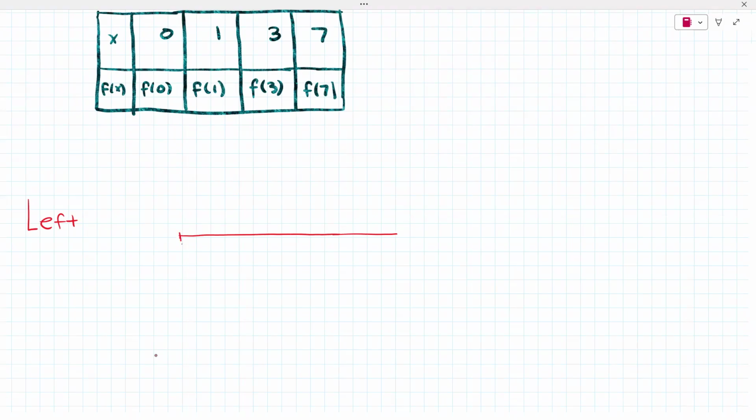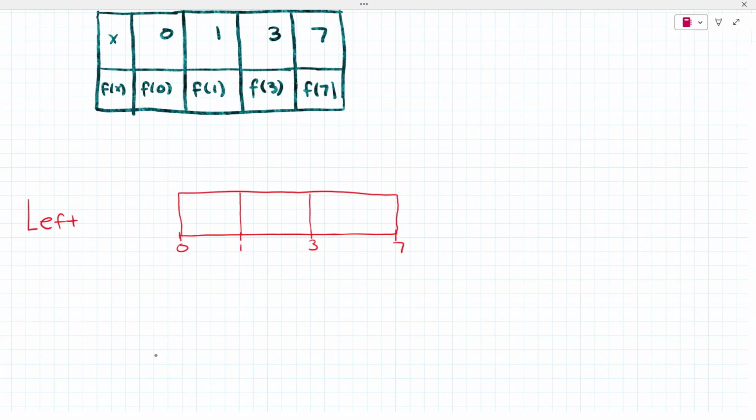There's 0, there's 1, there's 3, there's 7. Okay. Now let's make a box.